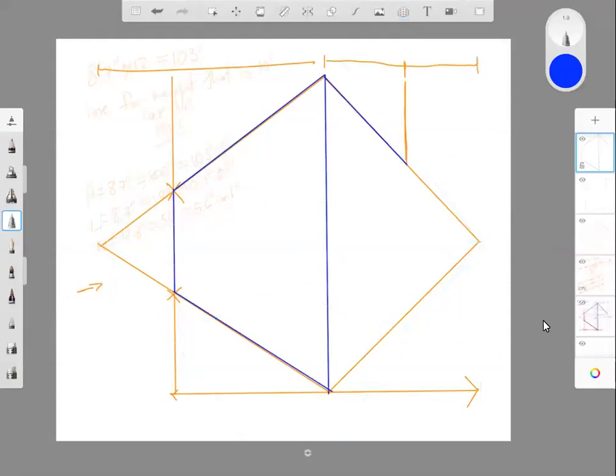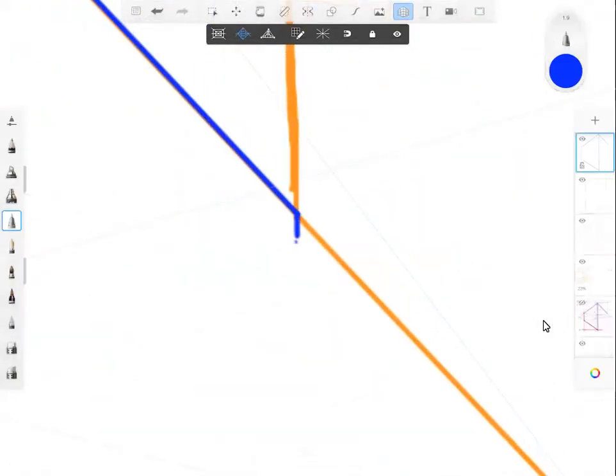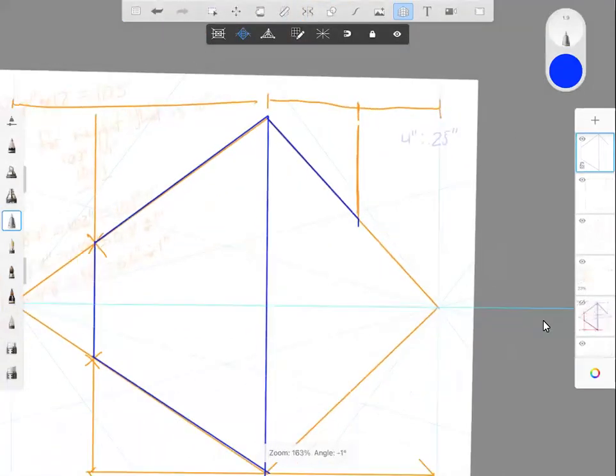So then we determined that 4 inches was equal to 0.25 inches. So then we would measure 0.25 inches there.